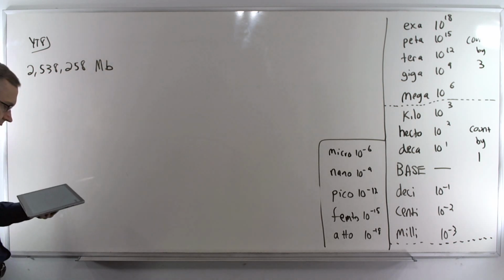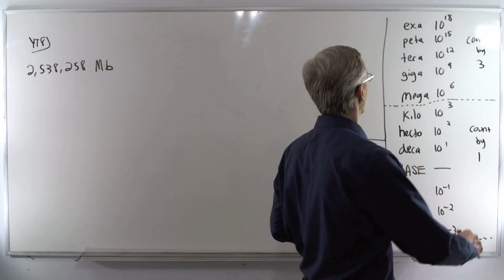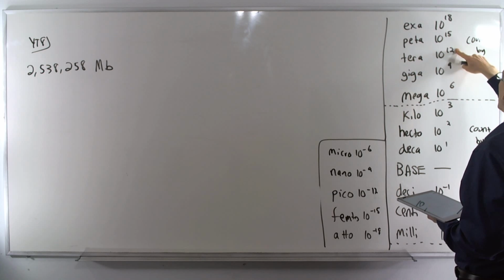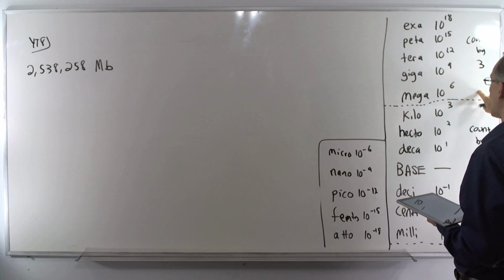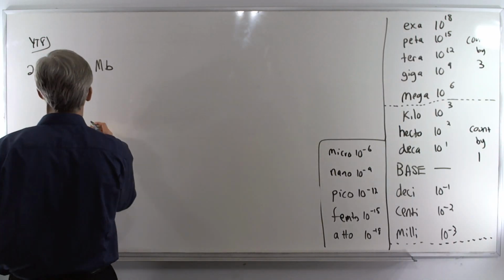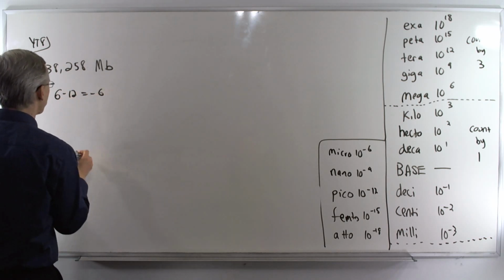All right, so there's the files. Now let's convert these to terabytes. So we've got mega, and you get up to tera. So go up 2, and that is difference of 6. And since we're going up, it's going to be negative, or we can do 6 minus 12. So that gives us an exponent of negative 6.